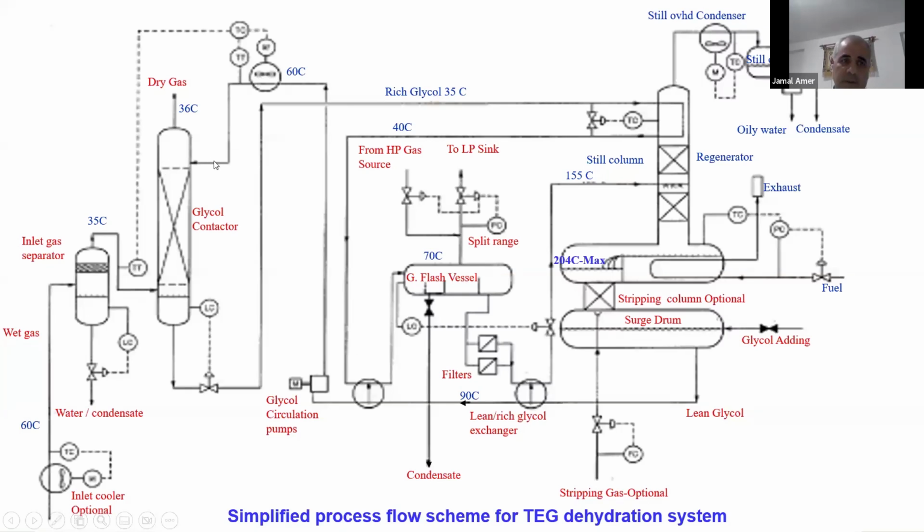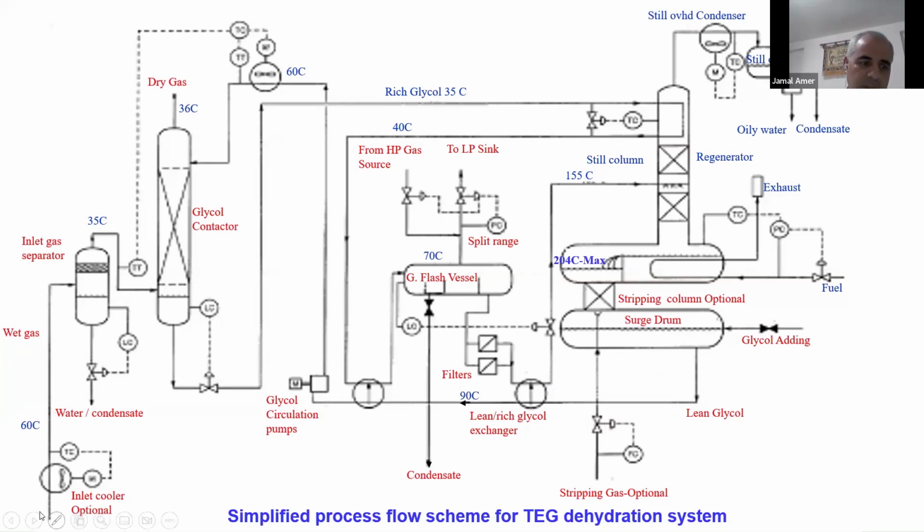This glycol we call lean glycol. That means it doesn't have water, and the purity of this glycol should be around 99.6 percent to give us the required dew point specification in the exported gas. So here, wet gas is coming in.